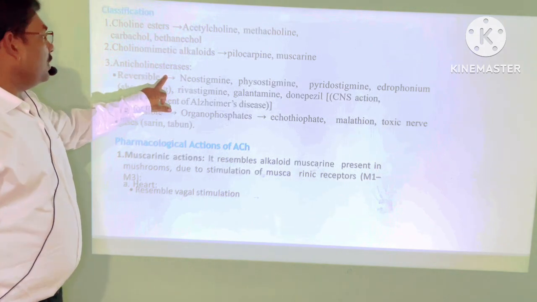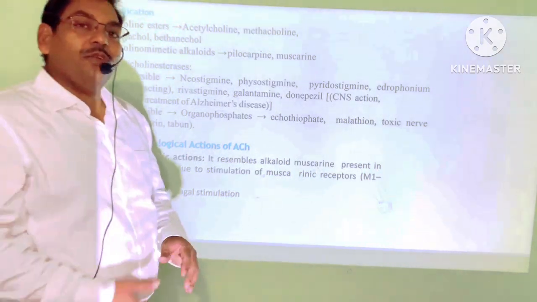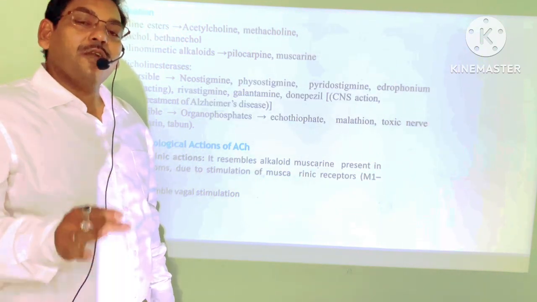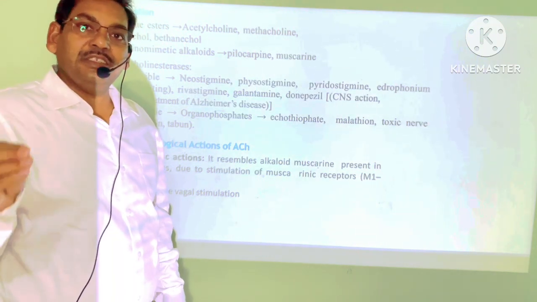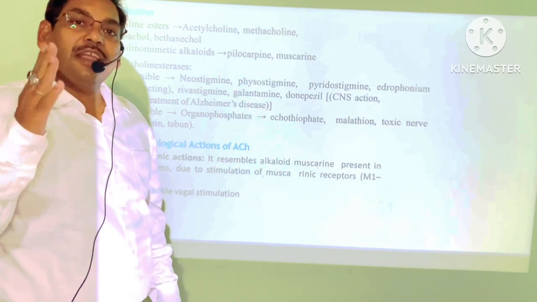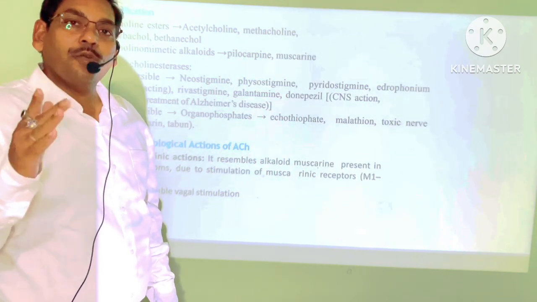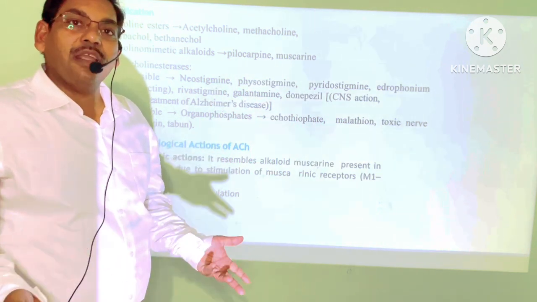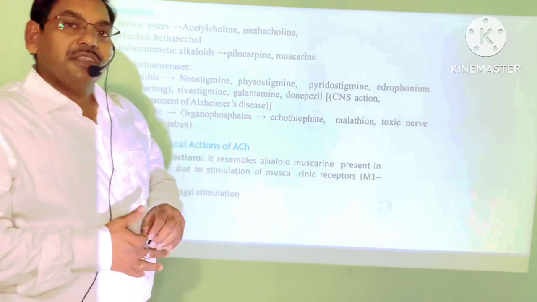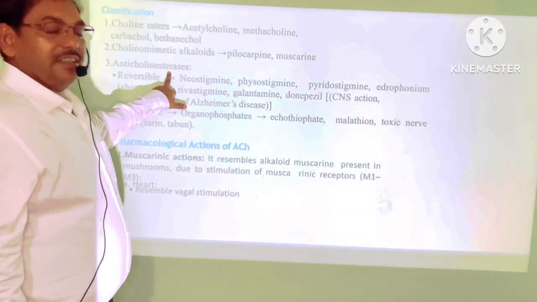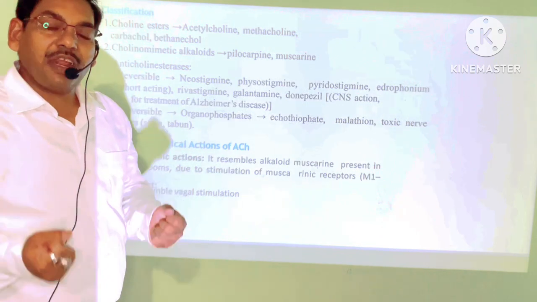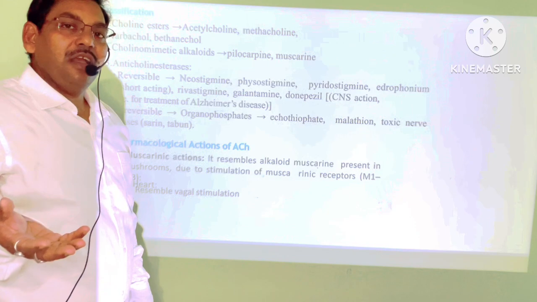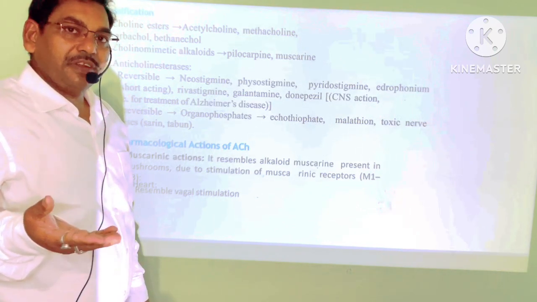But anticholinesterase, what is anticholinesterase? Anticholinesterases are drugs that inhibit the cholinesterase enzyme, because the cholinesterase enzyme breaks acetylcholine down into two parts, choline and acetate. That's why it is the destroyer of acetylcholine, whereas the anticholinesterase protects acetylcholine in the synapse and gives the good effect of acetylcholine.